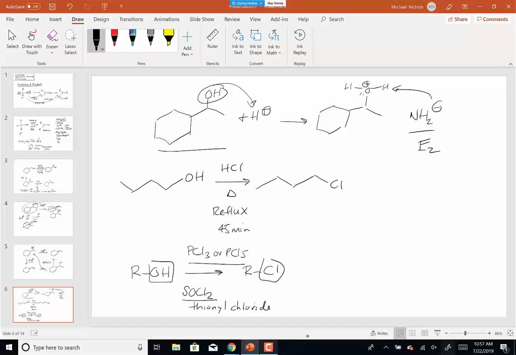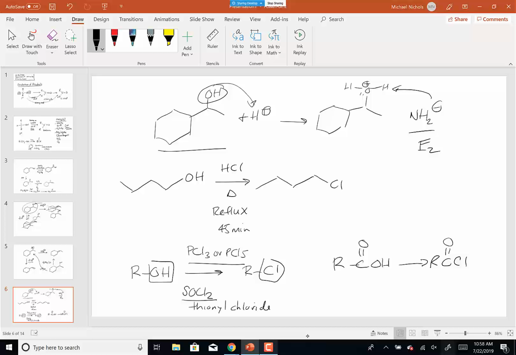So much so that we're going to talk about making a carboxylic acid into an acid chloride. We've already talked about using the acid chlorides with Grignards. Well, where does the acid chloride come from?